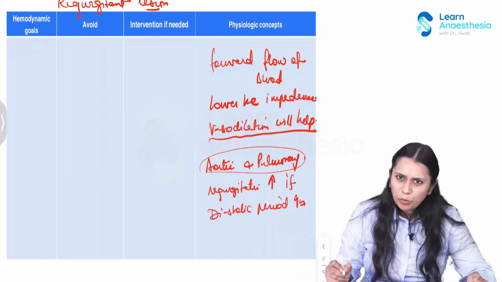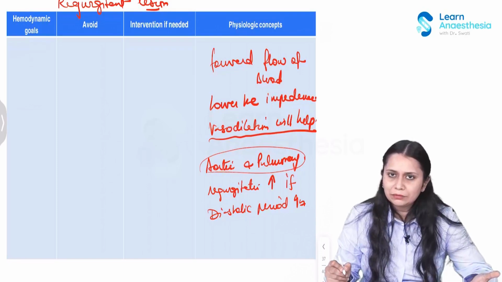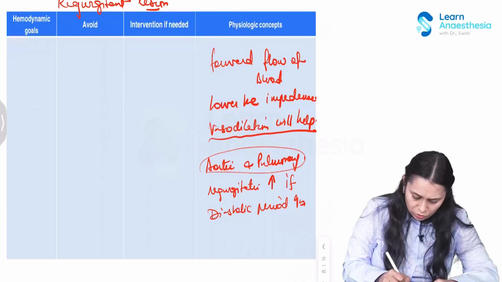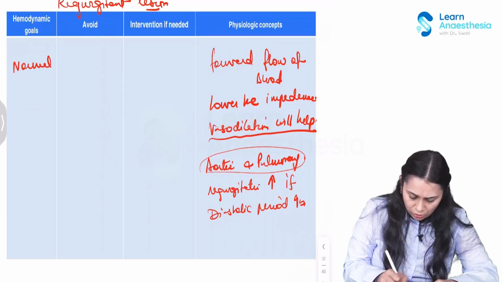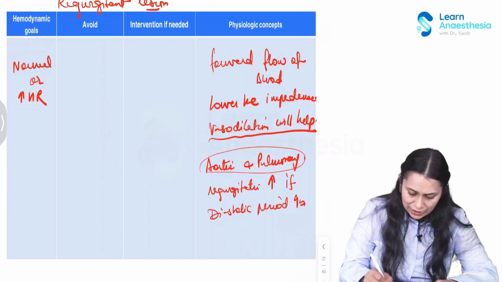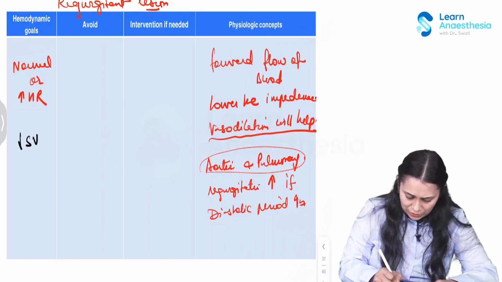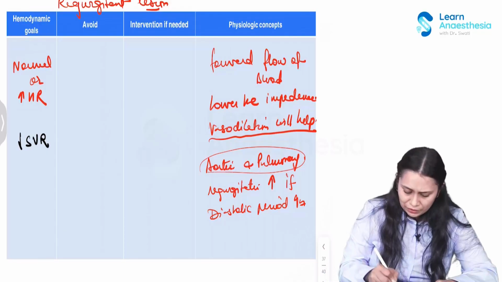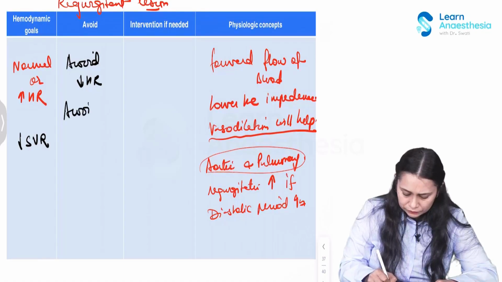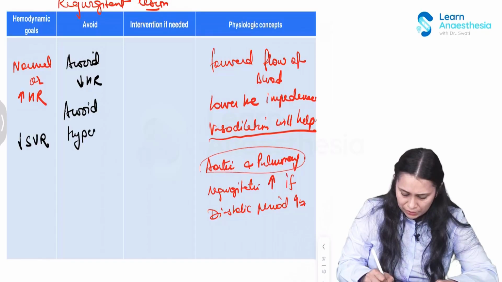So avoid hypotension and tachycardia, or maintain the heart rate if not tachycardic. So normal or increased heart rate and decreased SVR. So avoid a decrease in heart rate, avoid hypertension.